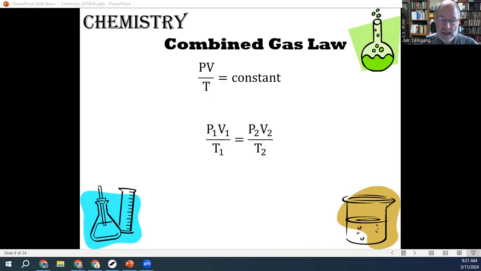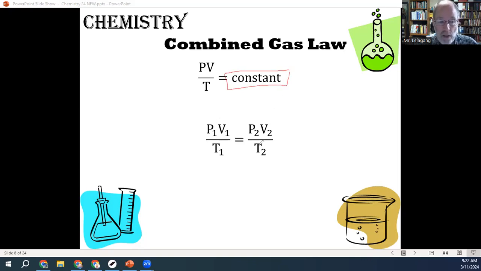Now, what happens if I change the temperature of the gas? The reality is it can affect the pressure and the volume. But when it does that, it's still going to be this constant.